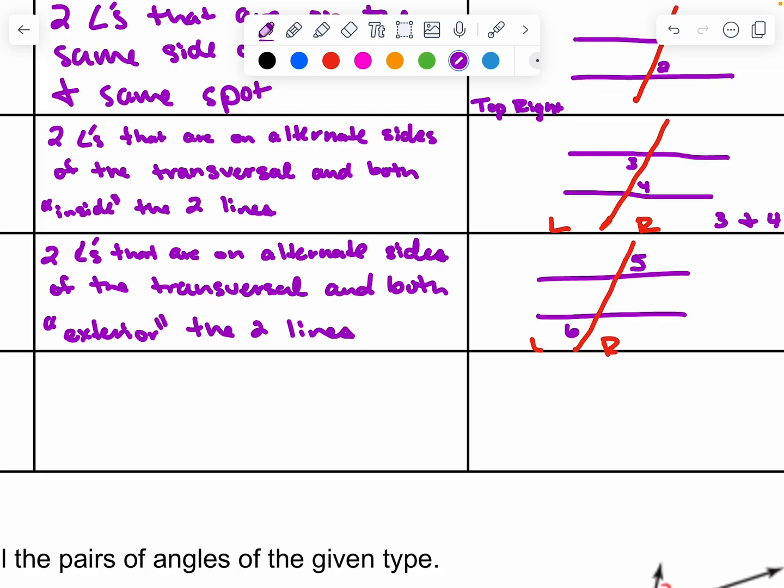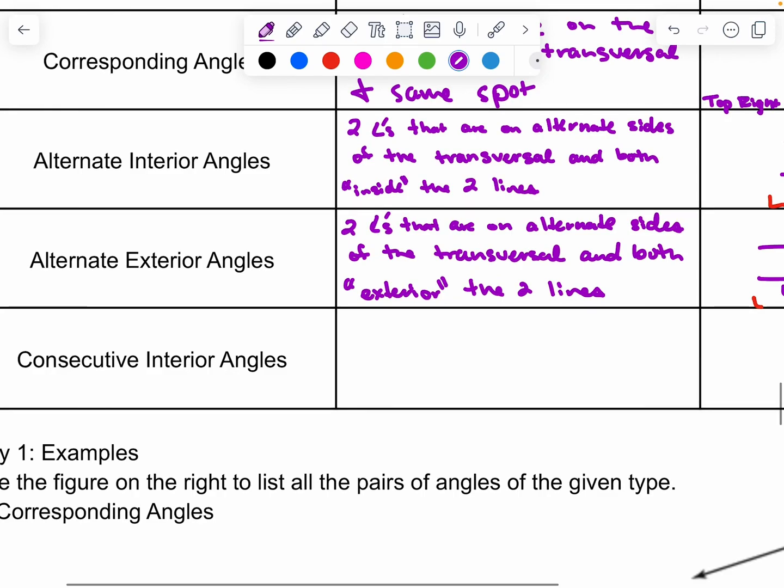And then the last set is consecutive interior angles. I'm going to be honest with you. I've taught geometry for a lot of years, and I personally don't use consecutive interior angles. I call them same side interior angles. I most likely will probably call them same side interior angles.